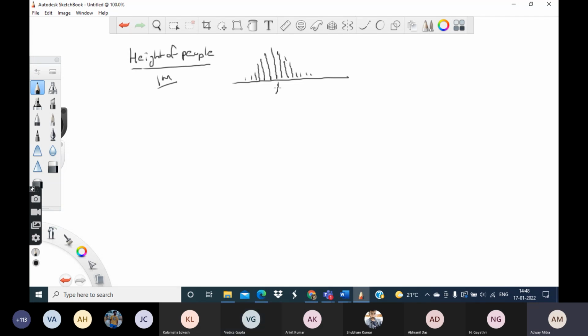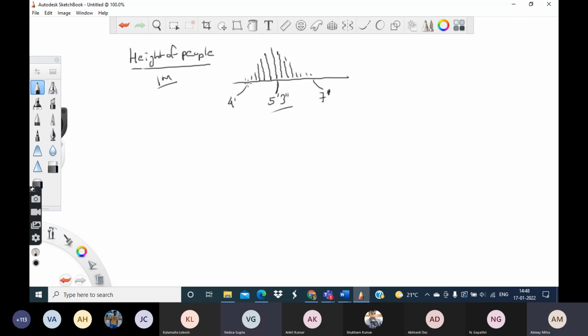We may get a peak at maybe about 5 feet 3 inches or something like that. And then there are of course some very tall people, who are more than 7 feet in height. Then there are maybe very short people who are less than 4 feet in height.